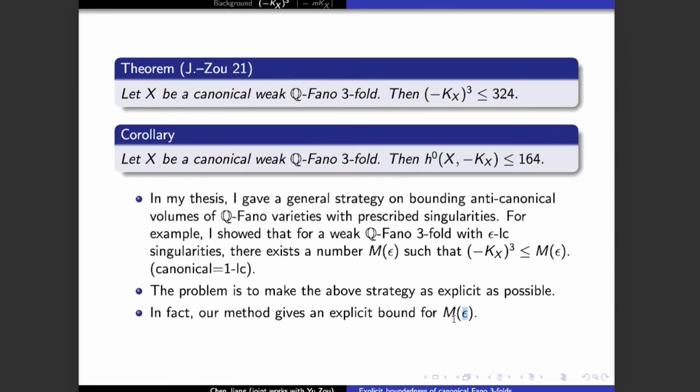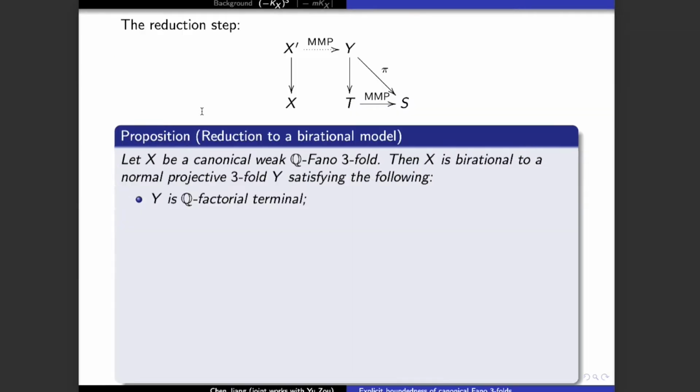But anyway, we have an explicit expression for this m_epsilon. Let me just focus on canonical Fano threefolds. Let me explain our strategy, how to bound the degree from above.